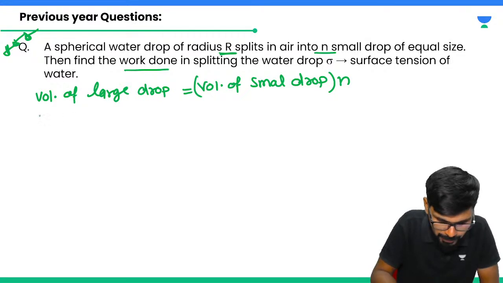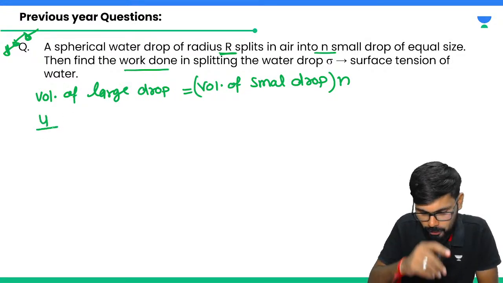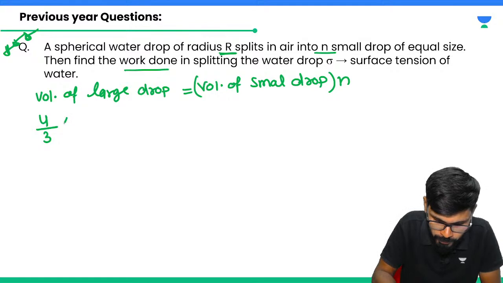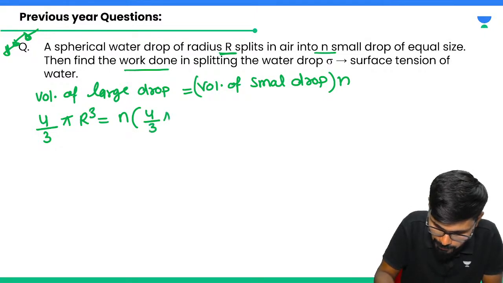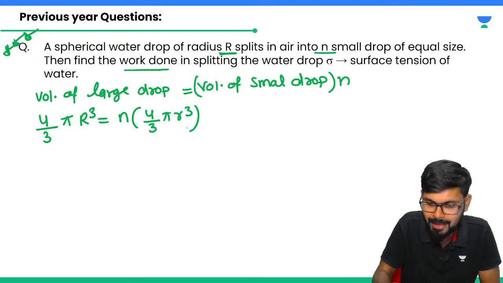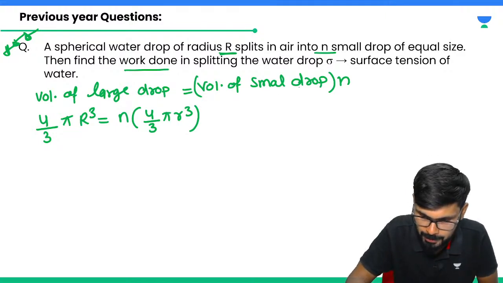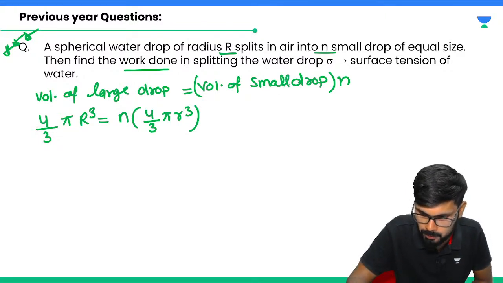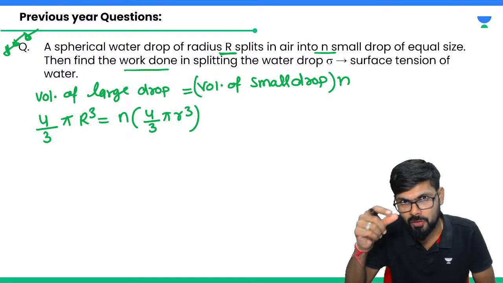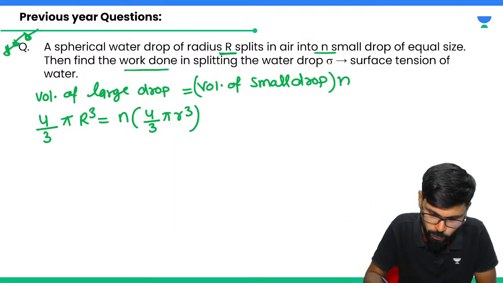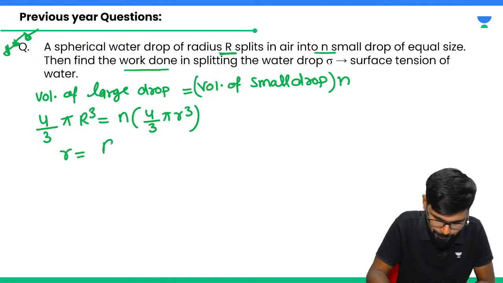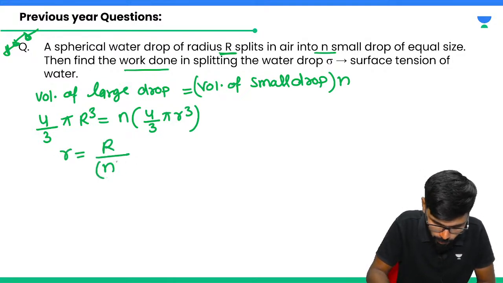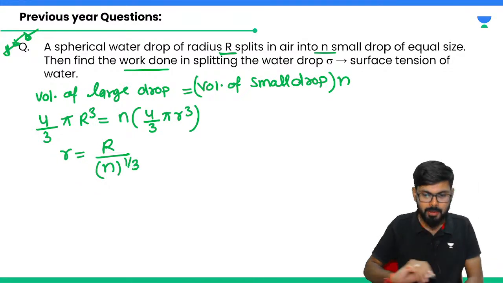What is the formula for volume? 4 by 3 pi R cube, and here it will come n times 4 by 3 pi r cube. Small r is the radius of a small drop basically, right? So here 4 by 3 cancels, pi cancels. So r value will come capital R by n to the power 1 by 3, right?